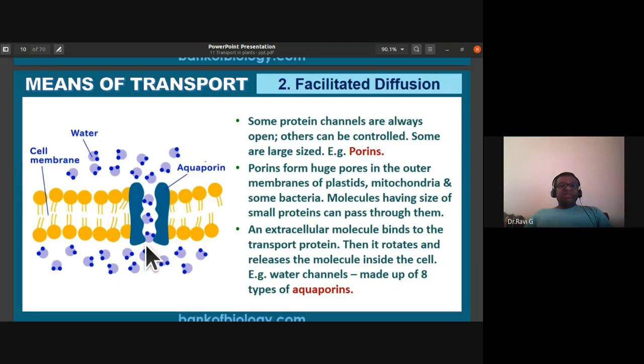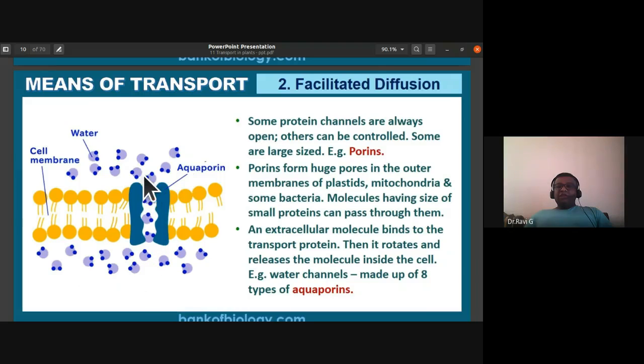So how is the movement of an extracellular molecule or substance diffused? See, these are the extracellular molecules. It binds to the transport protein, and the transport protein rotates it. Then it rotates and releases it.